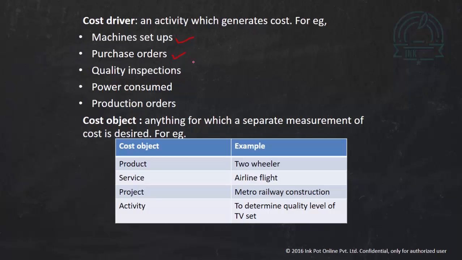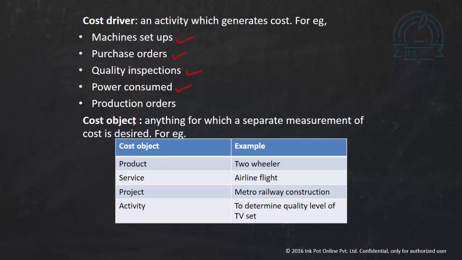So cost driver is something which generates or influences the cost. The more quality inspections we have to conduct, the higher the total cost. The more power units consumed, the more will be the cost. So cost driver is something which influences the cost.